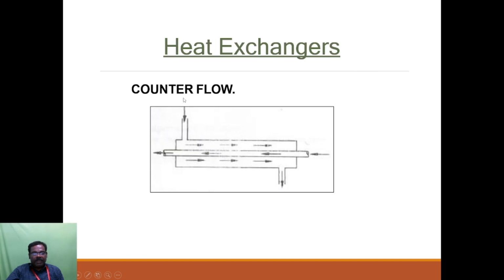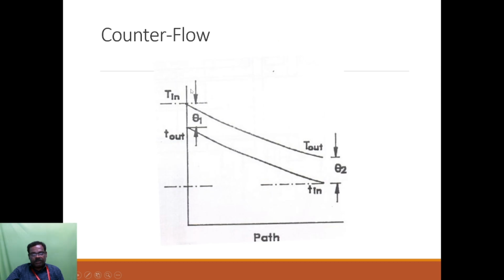Then we have the counter flow heat exchanger. In a counter flow heat exchanger, the directions of both fluids are not the same; they are opposite.